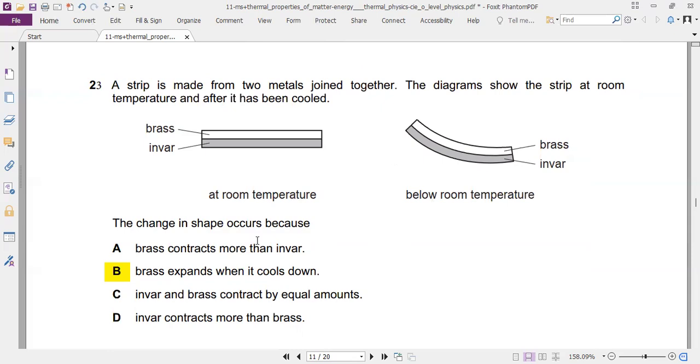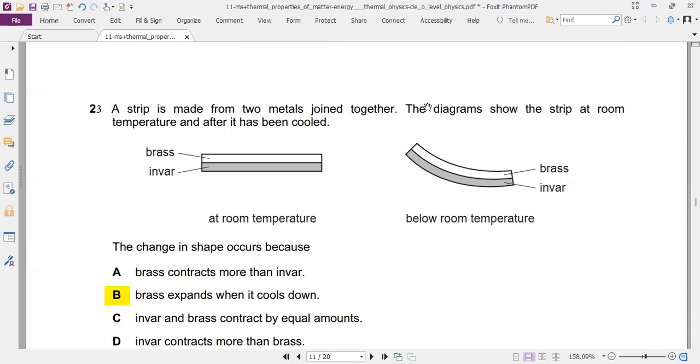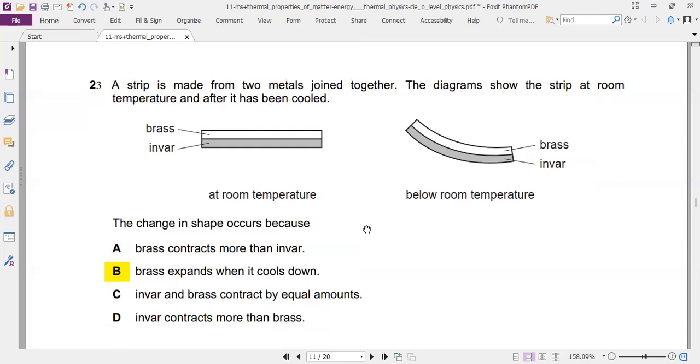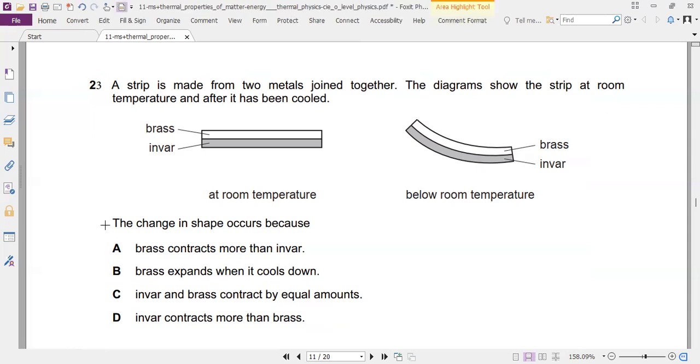So the choice seems wrong. The choice will be A. It is the brass that contracts more.